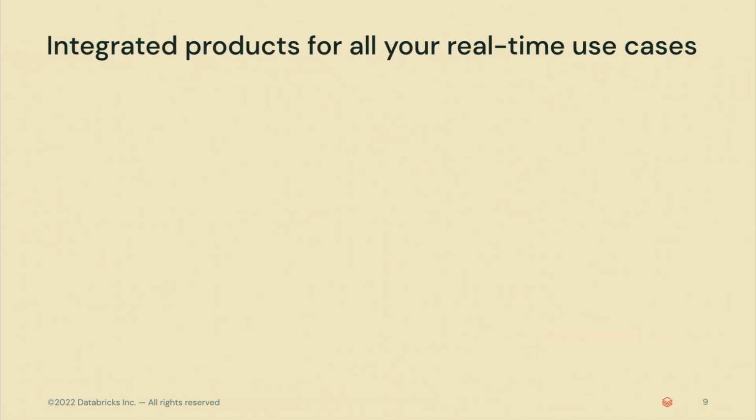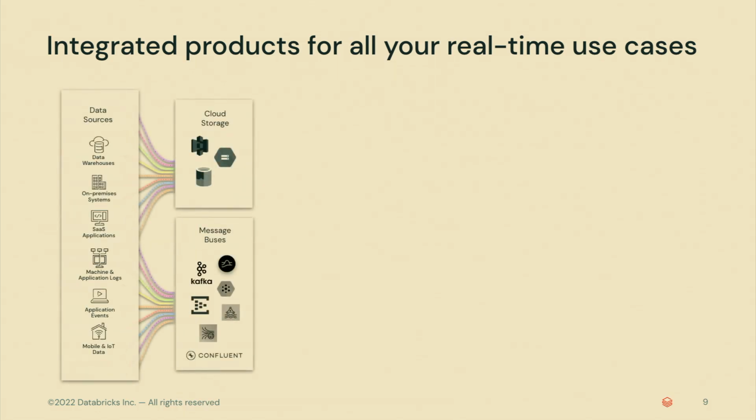So now we're going to go into slightly more detail into this Databricks Lakehouse Platform and look at the different products that are tightly integrated and play together to inform and realize your different streaming use cases. So everything starts with ingesting your data.